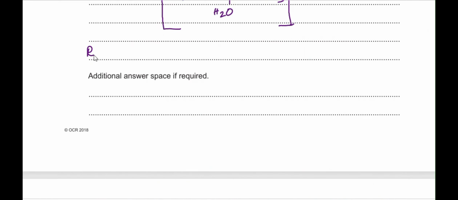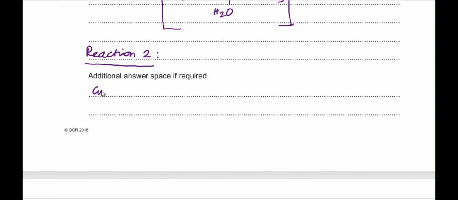So reaction 2. When we say copper 1 oxide, it means the copper ion in the compound has got a charge of +1 only.